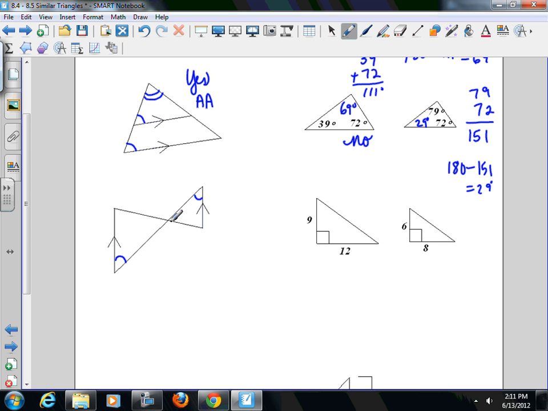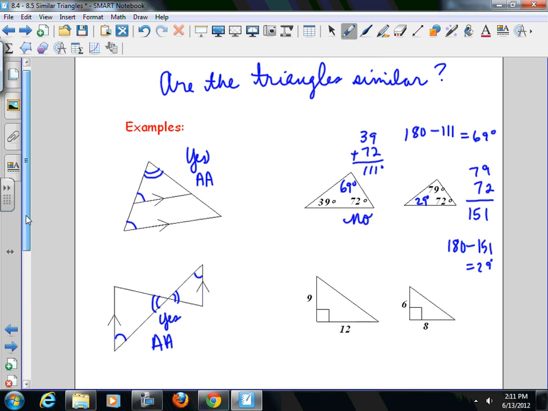Now the other thing we know is we have vertical angles here. So these vertical angles are congruent. And we have enough. All you need are two angles of one triangle to be equal to two angles in another triangle to show by angle that the triangles are similar. So we're going to say yes, they are similar by angle.